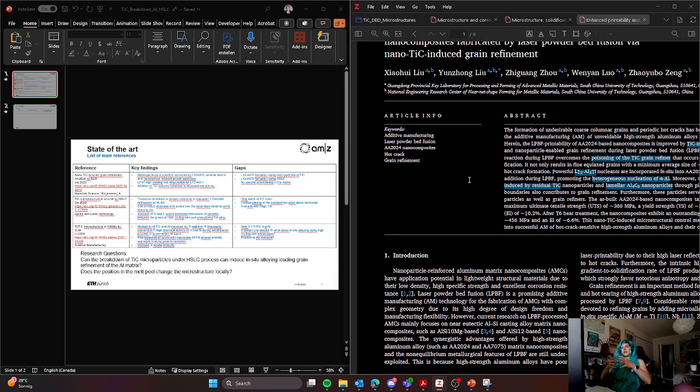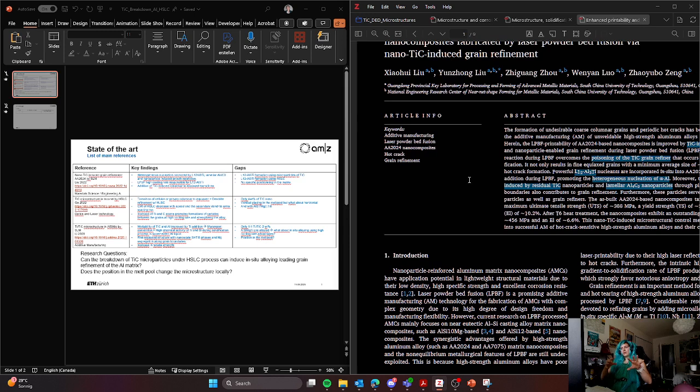And really this addition of titanium carbide induced a transition from columnar grains to equiaxed grains, and this improves a lot. So finer grain structure, equiaxed grains, reduce hot cracking, increase the strength.